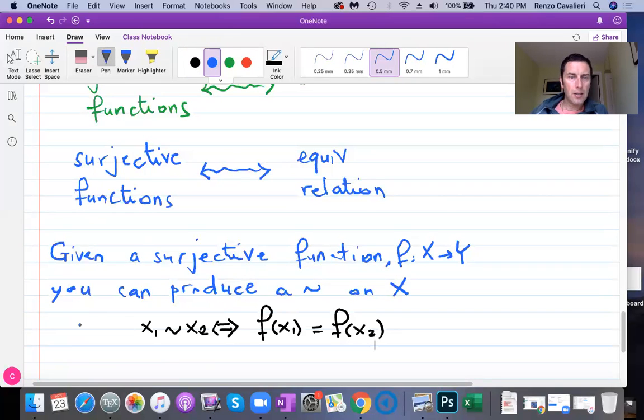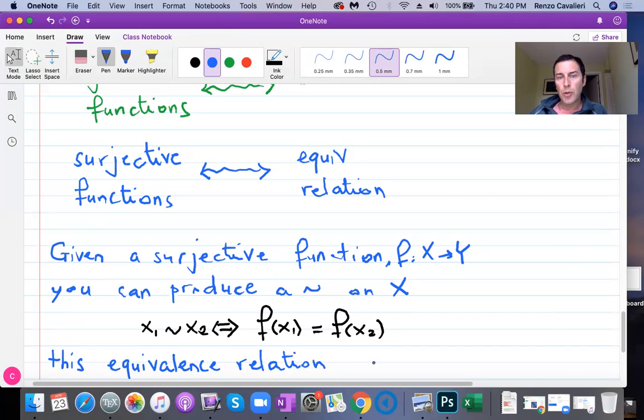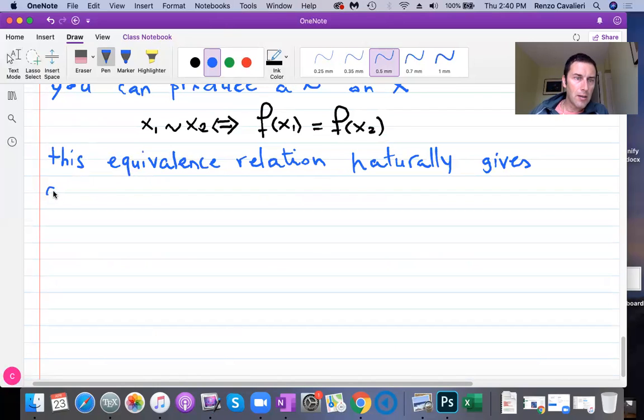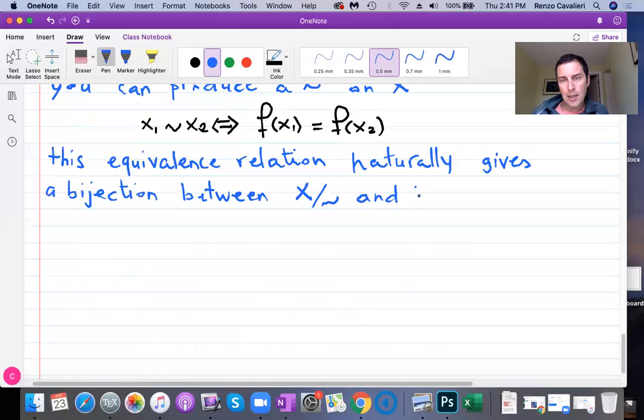And further, this equivalence relation naturally gives a bijection between x mod tilde and y, right?